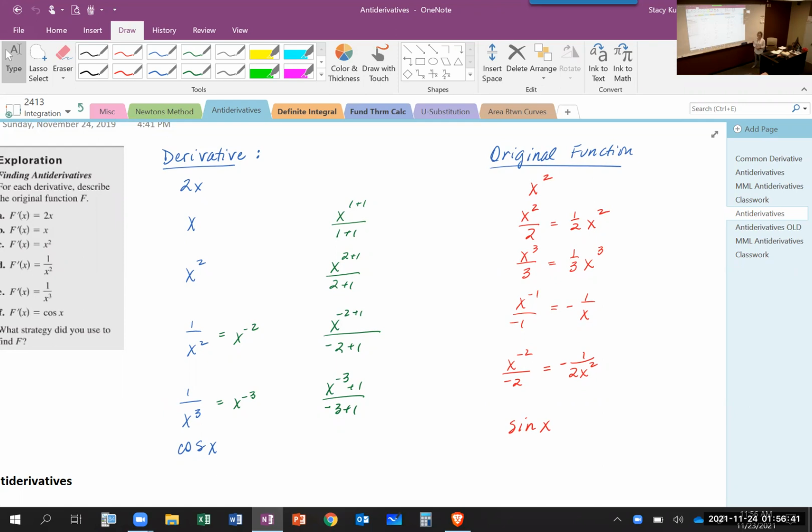Because what do we do? We add 1 and then stick it over that exponent sum, right? It's the reverse of the power rule. When we did the derivative, we subtracted 1, didn't we? We brought that exponent down and then we subtracted 1.